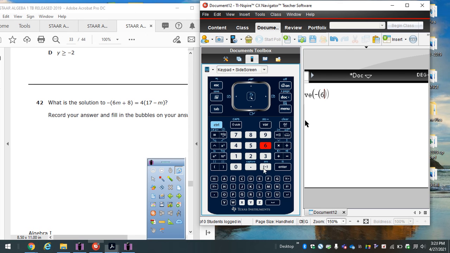If they went with m, I'll go with m. 6m plus 8 equals 4. 17 minus m. And then after all that, in the parentheses, still put comma m. -3 is your answer.